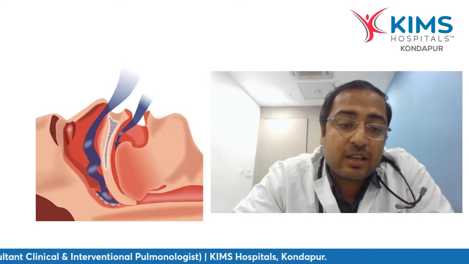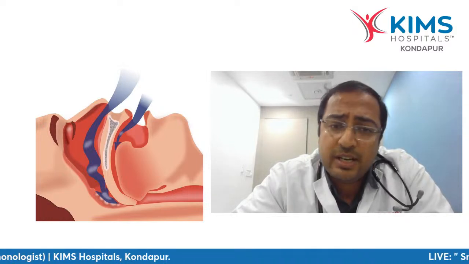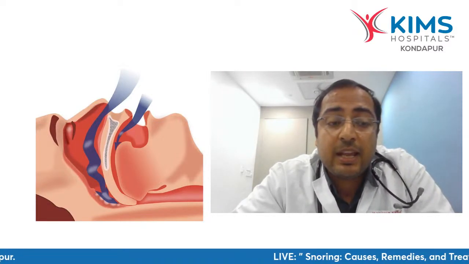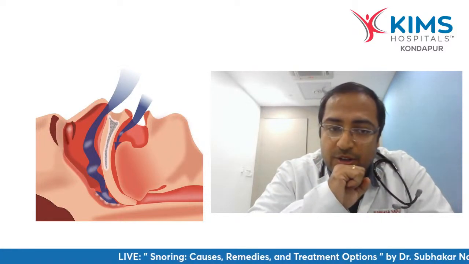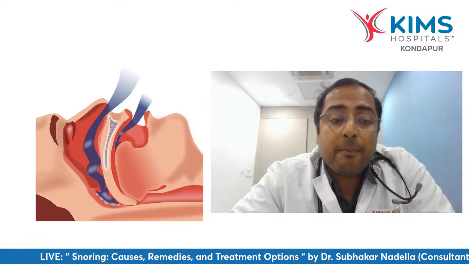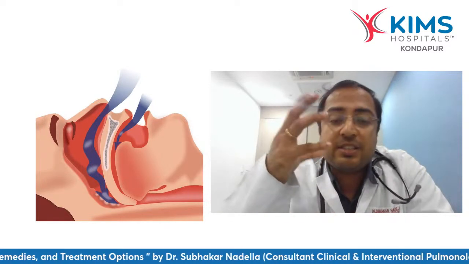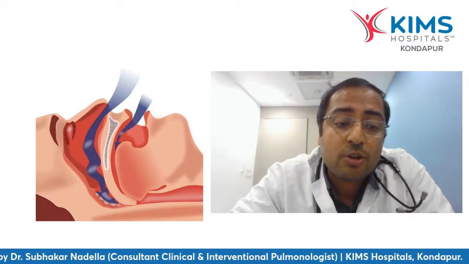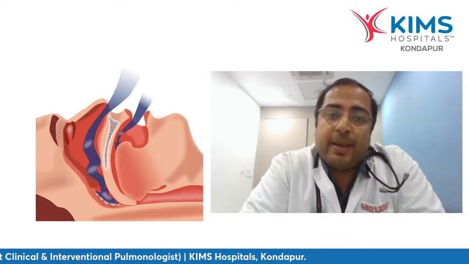You can see the picture over here. In children who have hypertrophied adenoids, the air won't pass through those adenoids. In adults, they can have a larger tongue or any other cause which blocks these airways. This leads to obstructive sleep apnea.